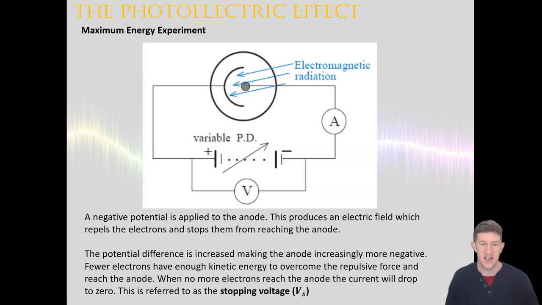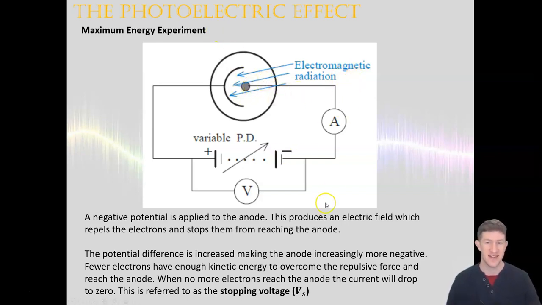Then we increase the potential difference, making the anode increasingly more negative to repel those electrons. Very few electrons have enough kinetic energy to overcome that and actually reach the anode. So when we eventually find that no electrons are reaching the anode, the current will drop to zero, and we refer to this as the stopping voltage.